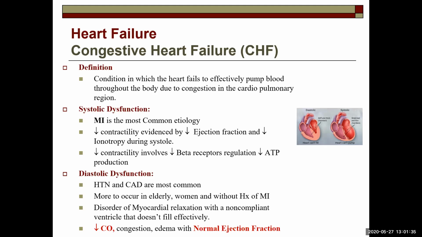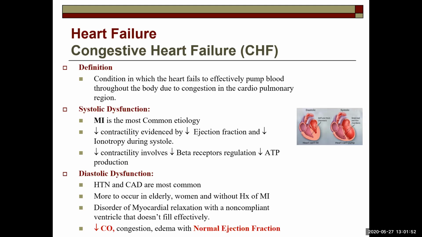A decrease in contractility eventually causes a decrease in ejection fraction, and a decrease in inotropy during systolic.